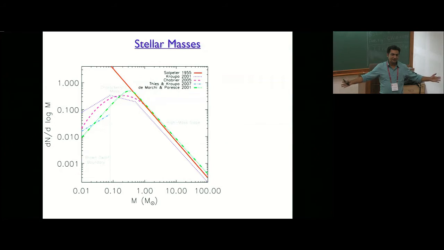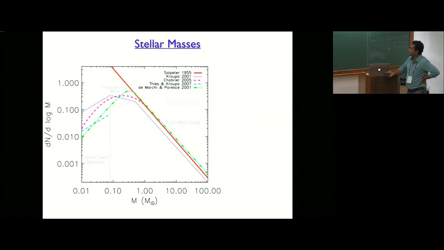So a natural form of function is a power law when it's a result of a large number of independent events. So that's why it should be a power law. In addition to that, astrophysicists love power laws. But yeah, this is totally empirical.